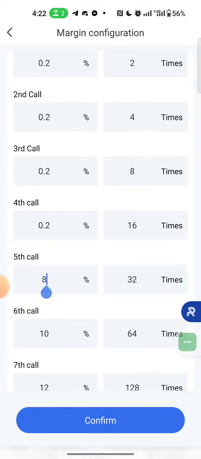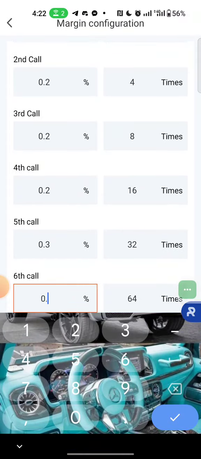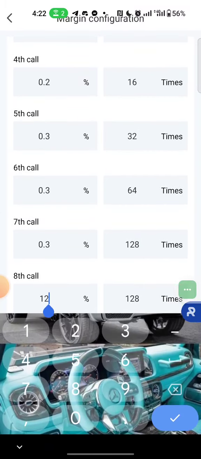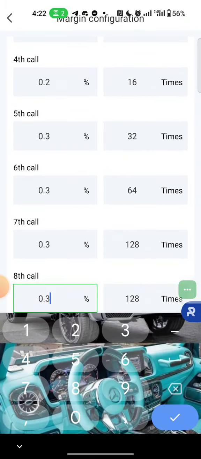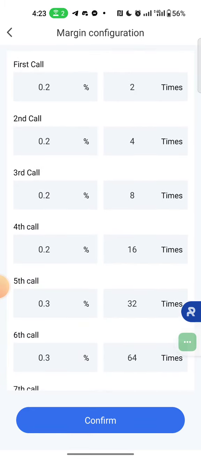So here I go 0.2, then 0.3, 0.3, 0.3. So 0.3, this is 0.6, 0.9, this is 1.2, this is 1.2 plus 0.8, that is 2%.